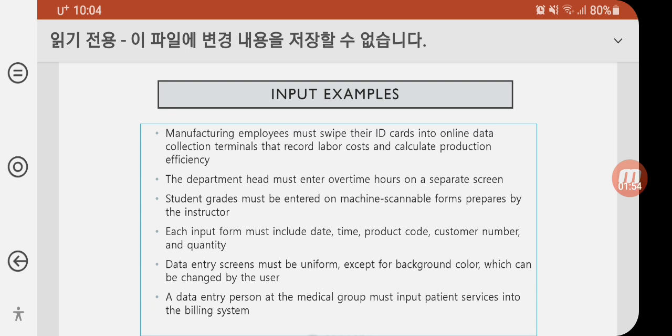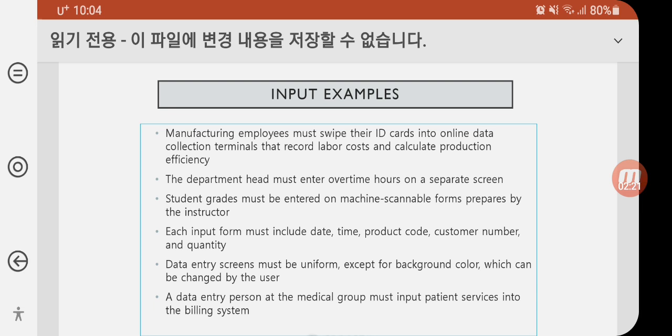Student grades must be entered on machine scannable forms prepared by the instructor. Each input form must include date, time, product code, customer number, and quantity.